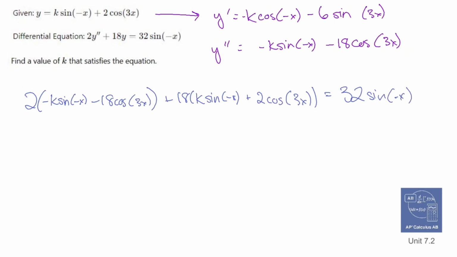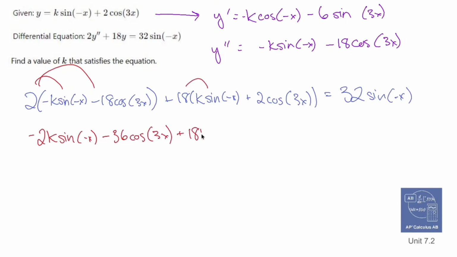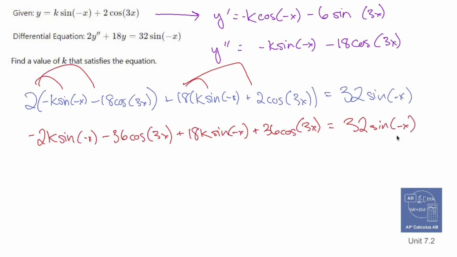All right, let's do a little bit of distributive property. Negative 2k sine negative x minus 36 cosine 3x plus 18k sine negative x plus 36 cos 3x equals 32 sine negative x.